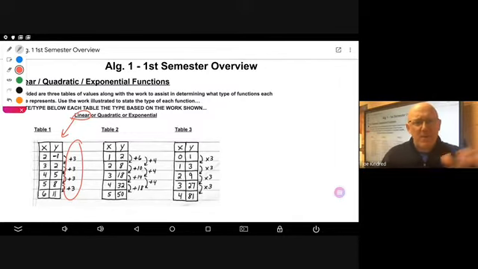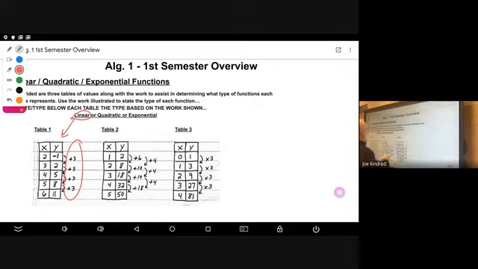Table number 2. Table number 2 didn't appear to have a pattern in what we call the first difference. From 2 to 8, you added 6. From 8 to 18, you added 10. And from 18 to 32, you added 14, etc. You didn't seem to have a pattern.